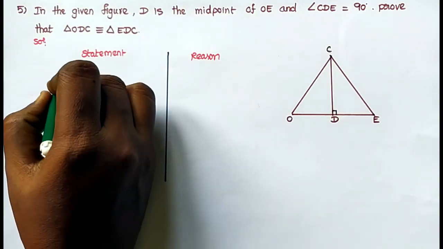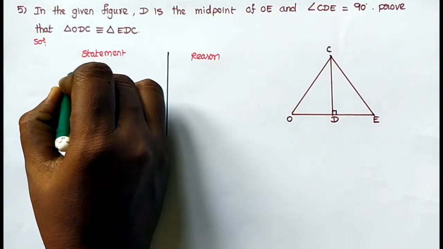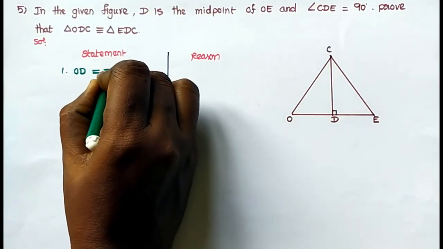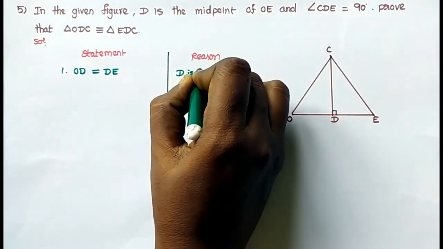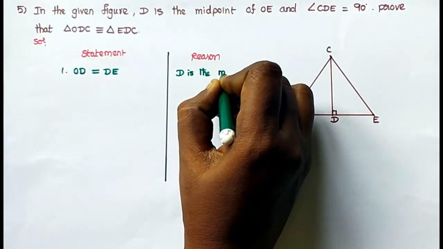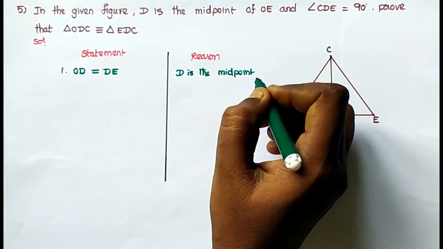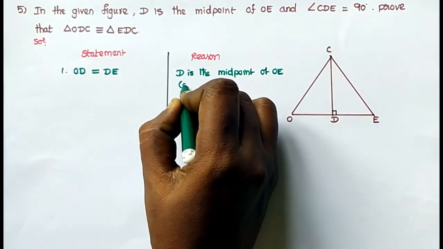First one, OD is equal to DE. Reason: D is the midpoint of OE, that is given.